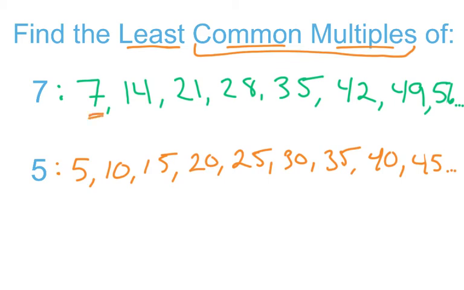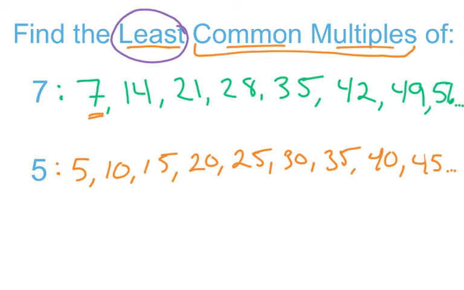So 7 doesn't work. That's not a common multiple because 7 is not a multiple of 5. If you're just finding multiples, you can find any multiple that they have in common. The least common multiple means the smallest one that they share.